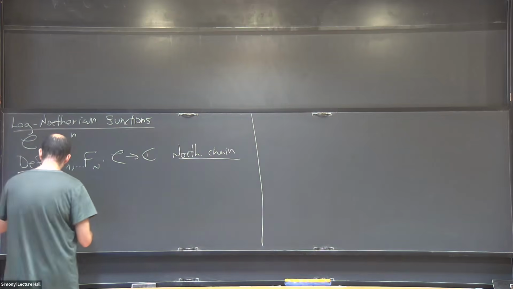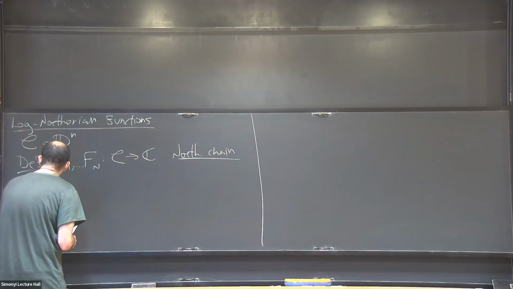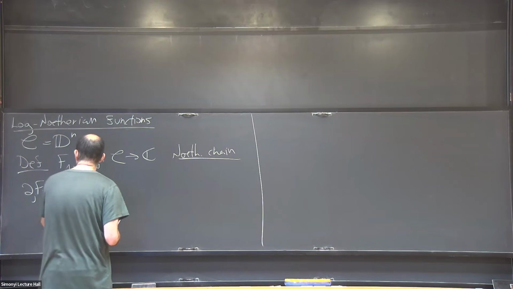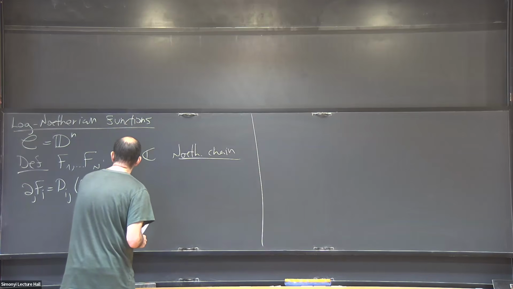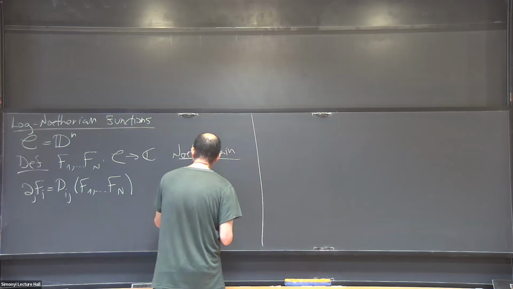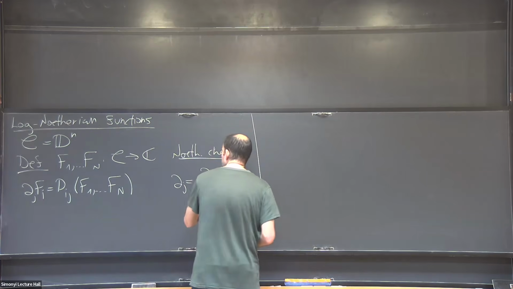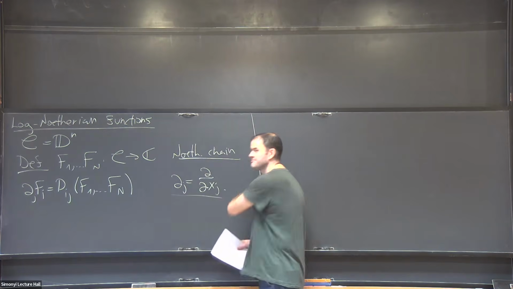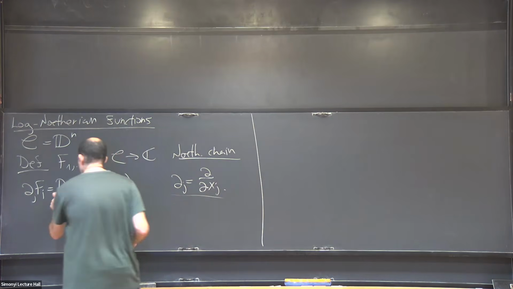If you have equations as follows: the partial derivative delta j of fi is Pij of f1 up to fn. Here delta j is just the derivative with respect to the j-th variable, and the Pij are just polynomials.